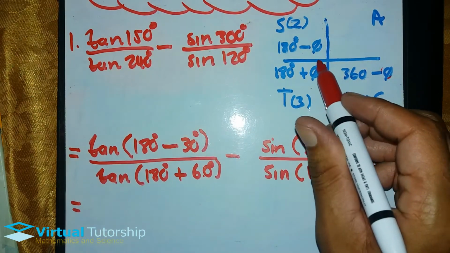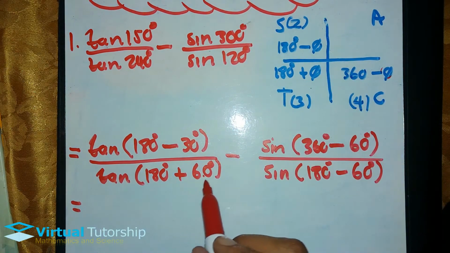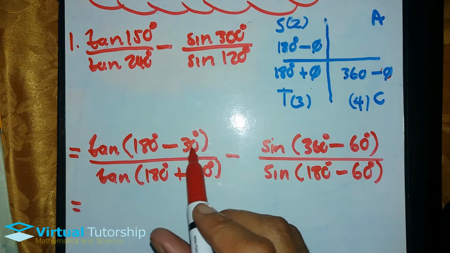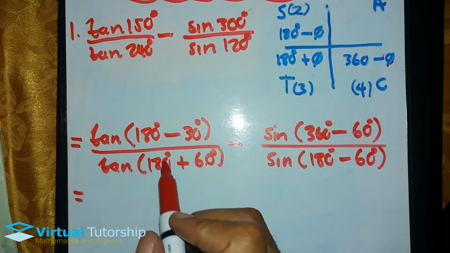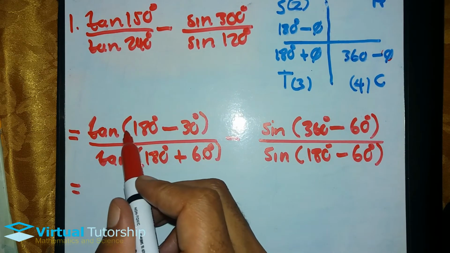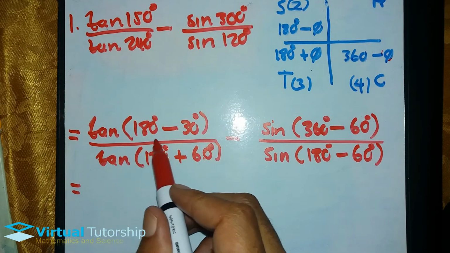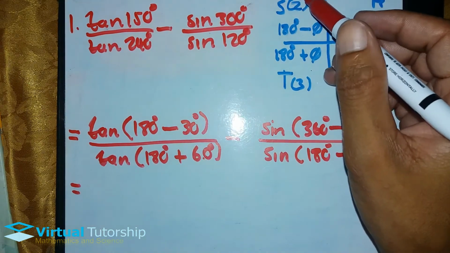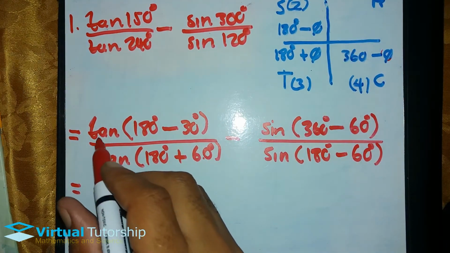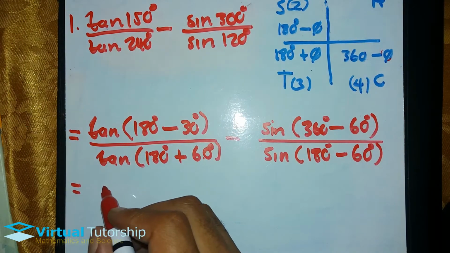Remember, this theta can be any angle, ne? But then in this case abutitha bami ngu 30 nabu 60. Bheka-ke manje, check this out again. So this 180 minus 30 degrees sithola on the second quadrant, and then tan on the second quadrant is negative.